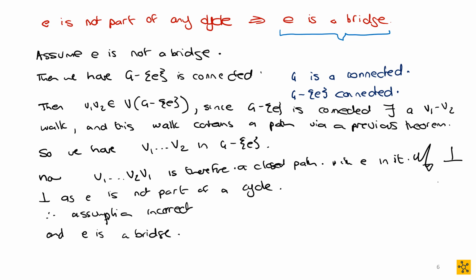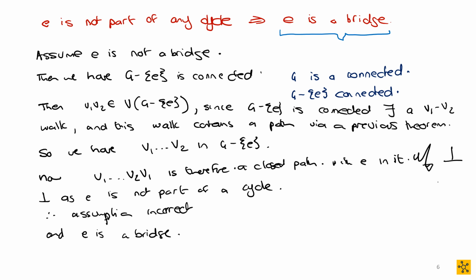We move on from there. Since G minus E is connected, there exists a V1 to V2 walk. And this walk contains a path via the previous theorem. So now we have this path in G minus E. And then we can say that V1 to V2 to V1 is therefore a closed path with E in it.